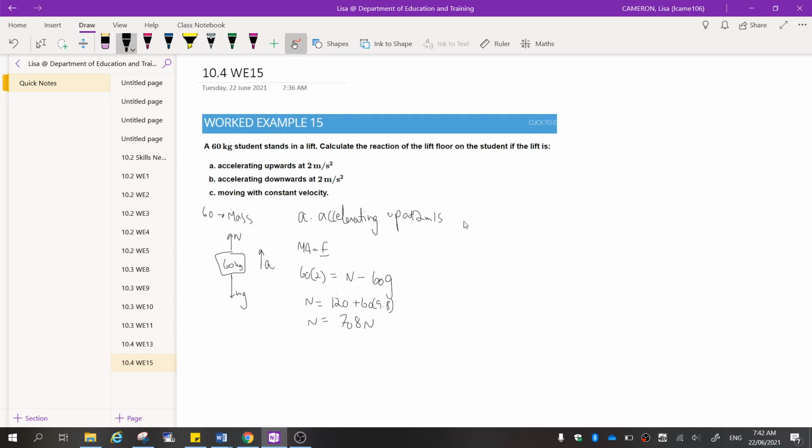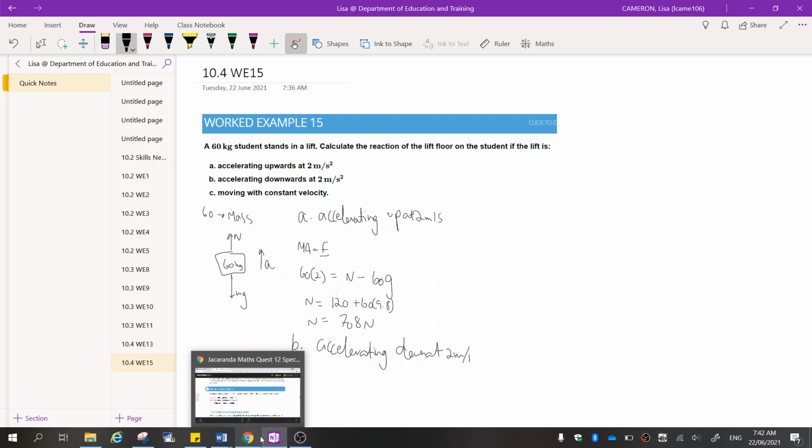Now the next one, we're going to look at what happens when it's accelerating down at 2 meters per second squared. Now we've got two options for this. Choice one is we're going to take the acceleration as the positive direction.